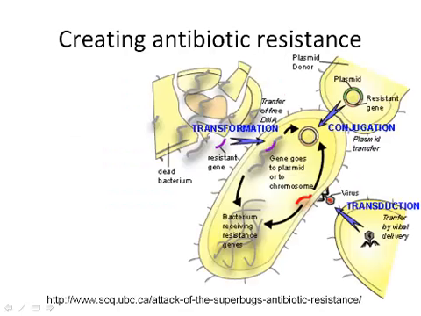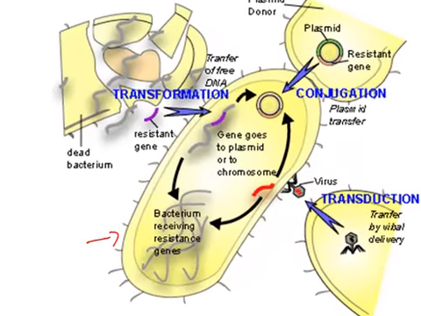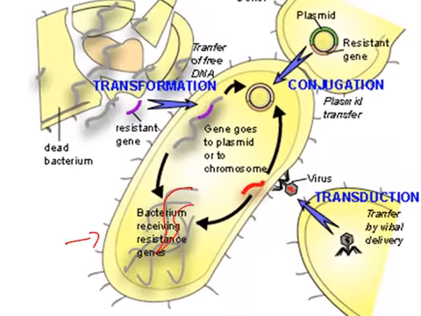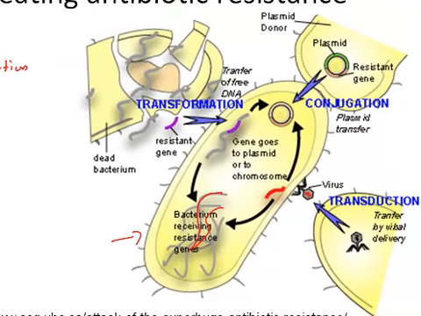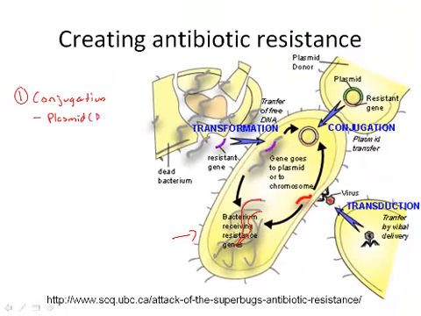All right, so let's look at how some of these bacteria are becoming antibiotic resistant. So this is just our normal bacteria. It has its DNA here. But what can happen is one of three things. The first one we'll look at is conjugation. We've talked about this before. This is where the plasmid, which is a version of DNA, is transferred from one bacteria to the other.